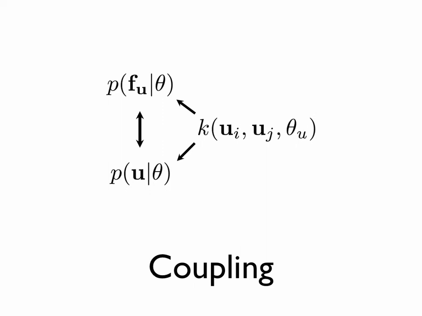Now, all this is not quite enough. I talked before about the coupling, and what we did was to use the same covariance function with the same parameters in the GP prior of the cluster centers and the FU, as for the prior on U. So by coupling the GP prior and the latent prior, it sends a message to the GP-LVM that it has to take into account these cluster center constraints in the latent space when finding the latent representations.